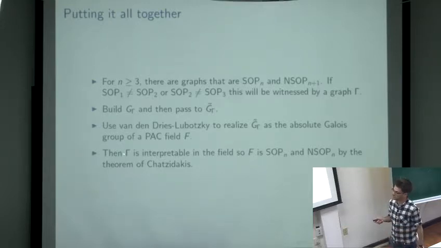However, the graph is interpretable because you can write polynomials that say, I'm separable and my Galois group is D_p, and I'm separable and my Galois group is W. Using that, you can code the graph even if you can't get your hands on the Galois group itself. And so gamma is interpretable in the field, and so F is SOPn, but then also it's NSOPn+1 by this theorem of Zoe, which shows that if the group itself is NSOPn+1, then that passes to the field.